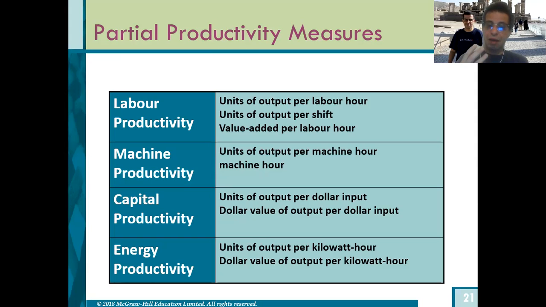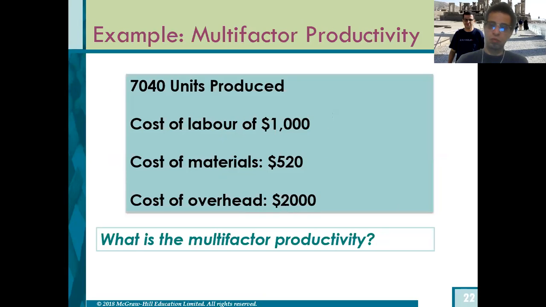Capital productivity is units of output per dollar, because we said money is the input: dollar value of output per dollar input. And energy is units of output per kilowatt hour, or dollar value of output per kilowatt hour, how much you're generating, for example, energy could be gas or oil.